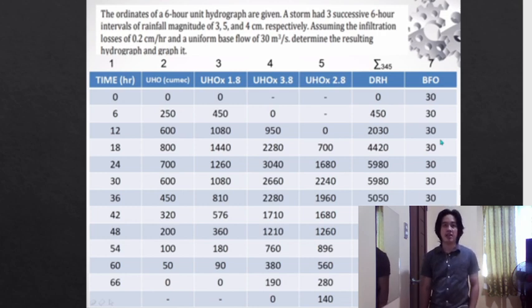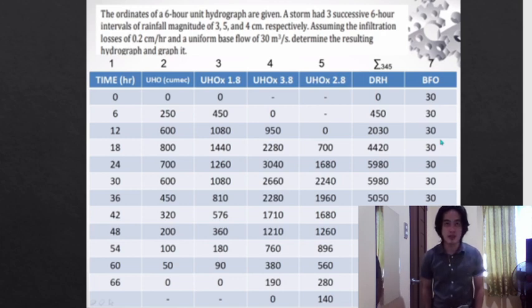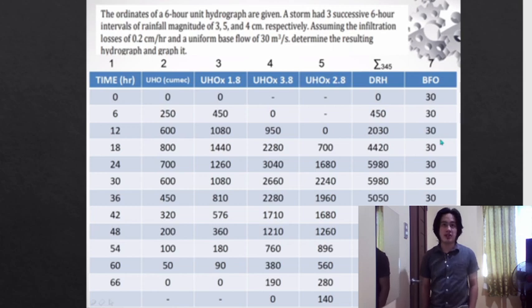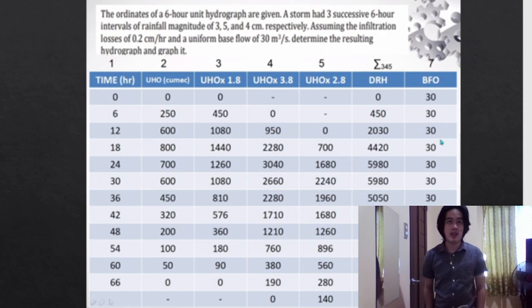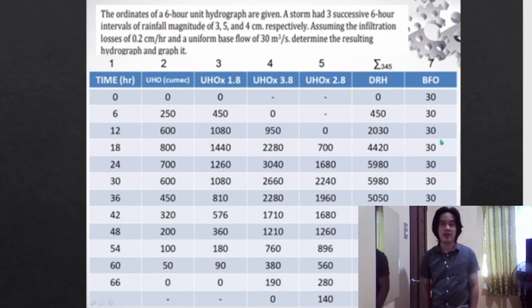And the next is 0.2 losses times the 6-hour interval, subtracted from the 5 cm rainfall magnitude, which gives the rainfall excess. Then to get the DRH, the direct runoff hydrograph, we just add them. Add the 1.8 and this, and 3.8 is the answer. We add them so that the DRH comes out.